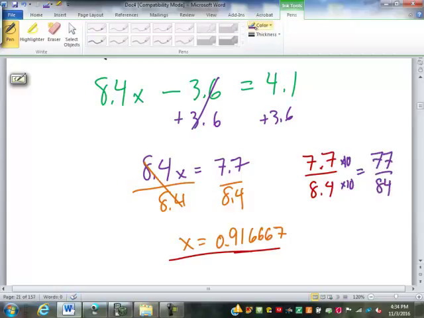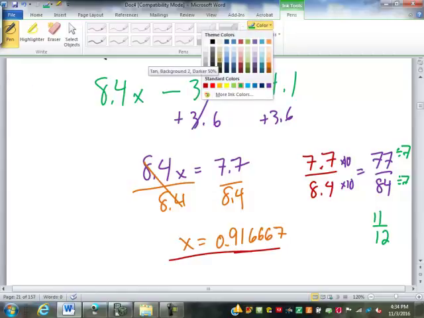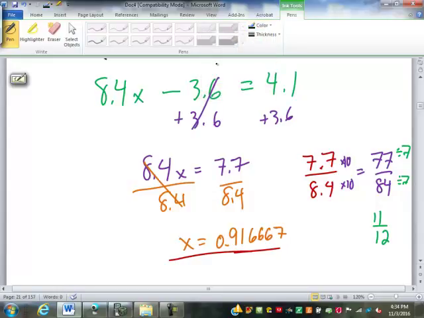But before I set that up to divide as a decimal, I would reduce that fraction. Both of those numbers are divisible by 7, which would make that 11 over 12. To me, it'd be a lot easier to divide 11 divided by 12 than 77 divided by 84. So those are some little things that you can do to help you with those calculations if you're trying to do them by hand. By no means am I going to force you to do them by hand.